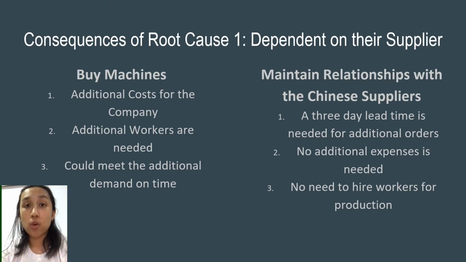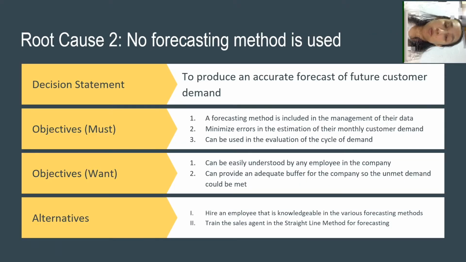Next, no additional expenses are needed, as you will only be maintaining what you have right now and you won't need to implement anything else. And lastly, no need to hire workers for production, as you will focus on delivery or packaging of the product itself to the customers. Next, we have root cause 2.